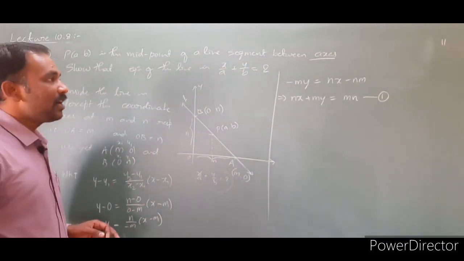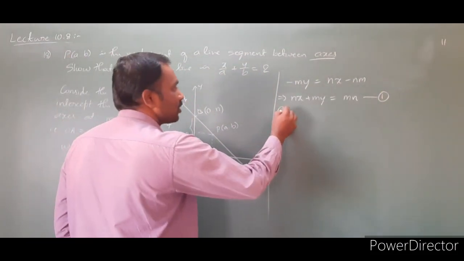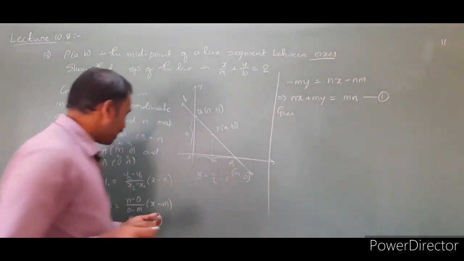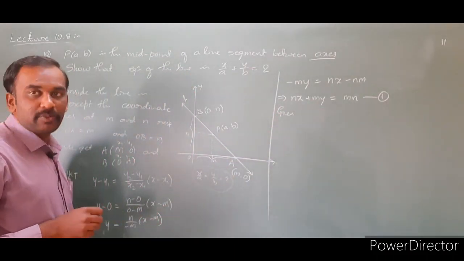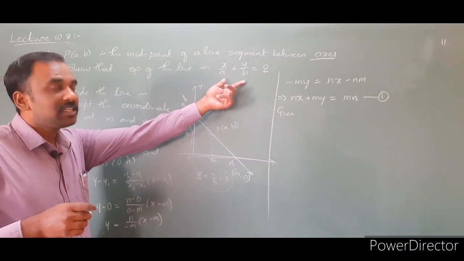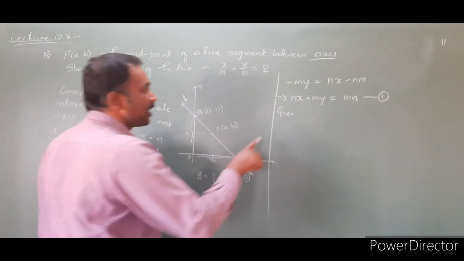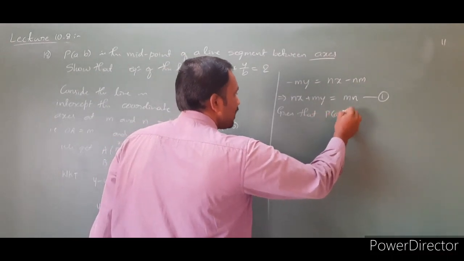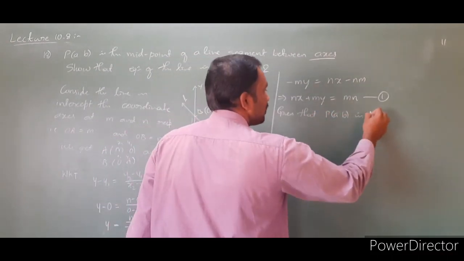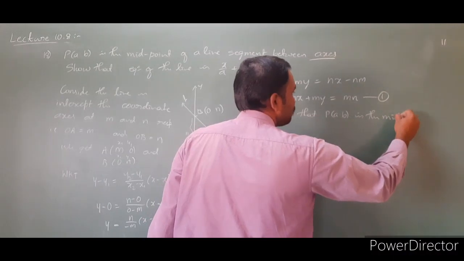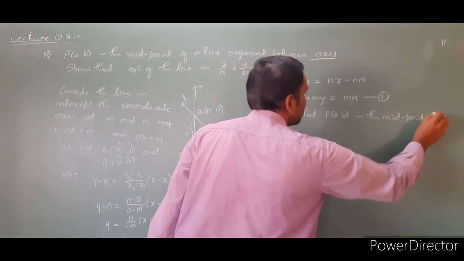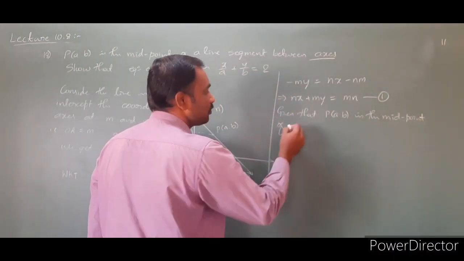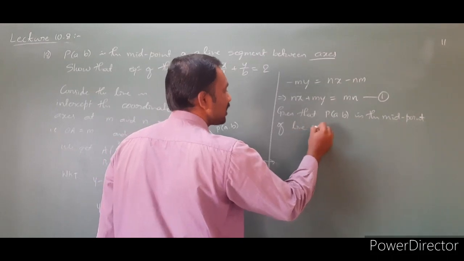Here they have already given that P of a comma b is the midpoint of the line segment AB.